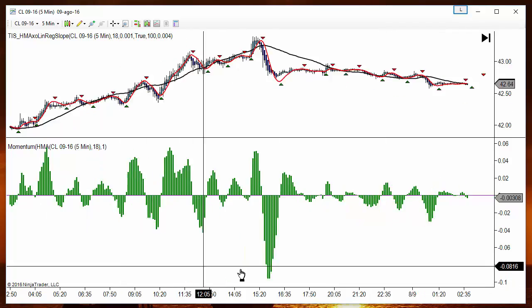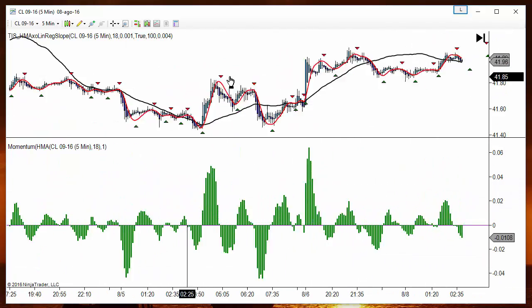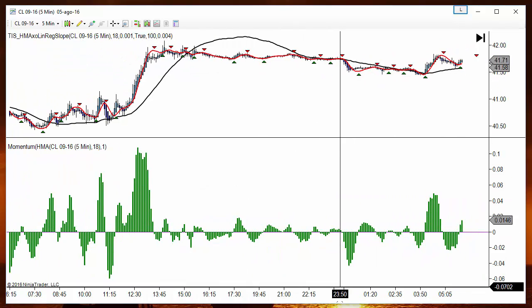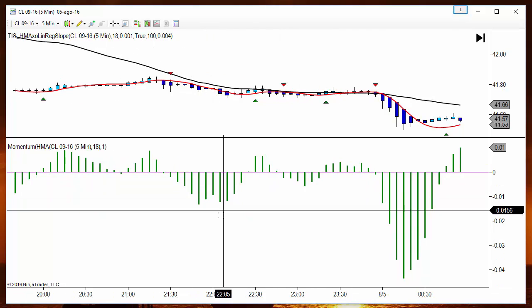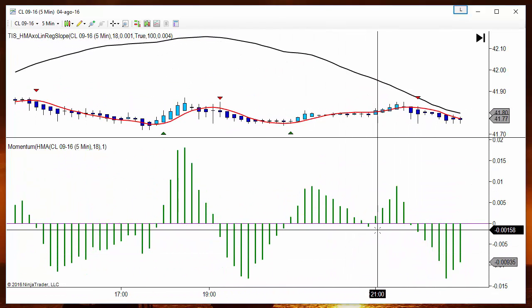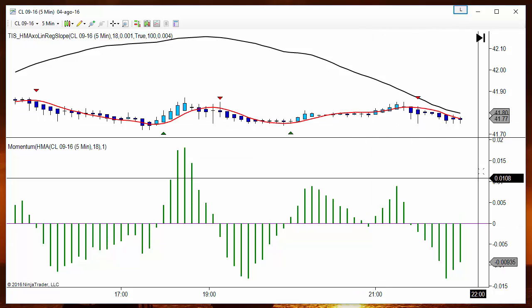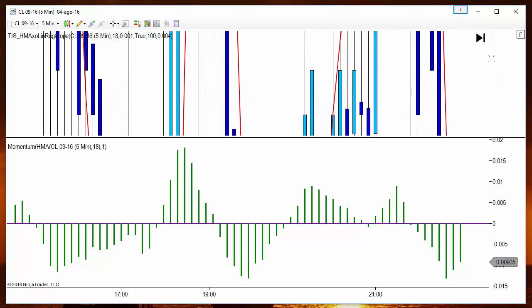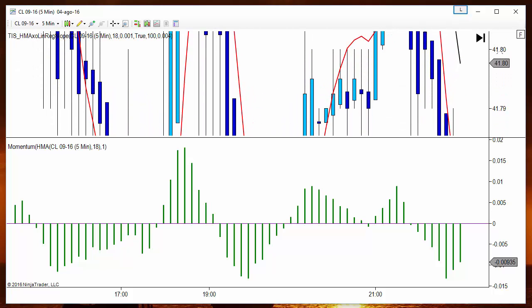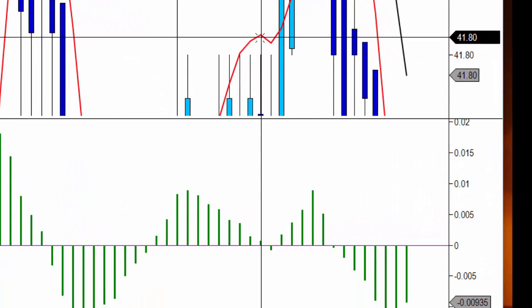Let's see an example where the market is almost horizontal. On this bar we have an example where the red line is sloping down here.